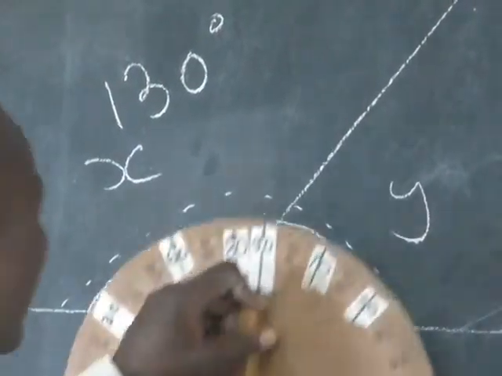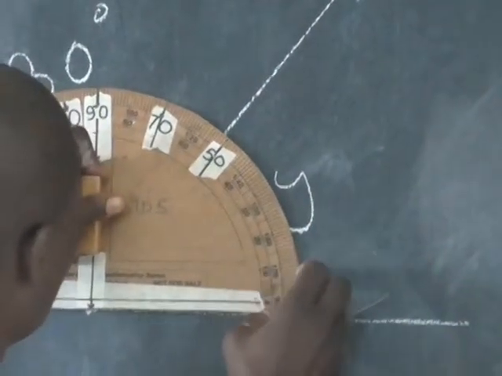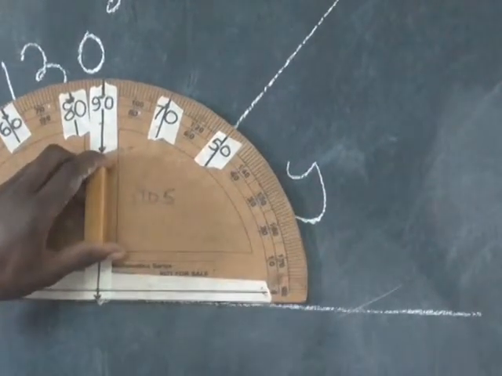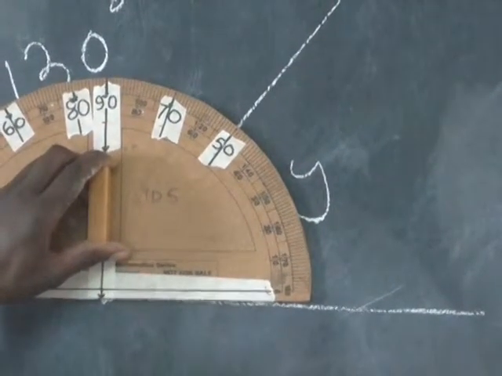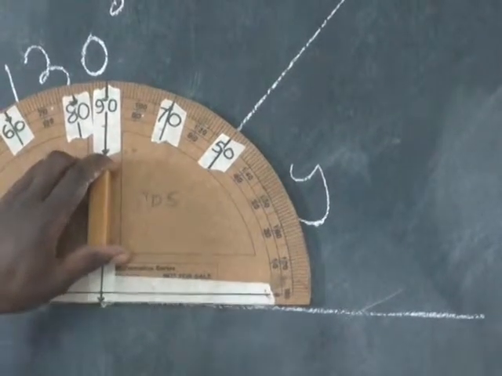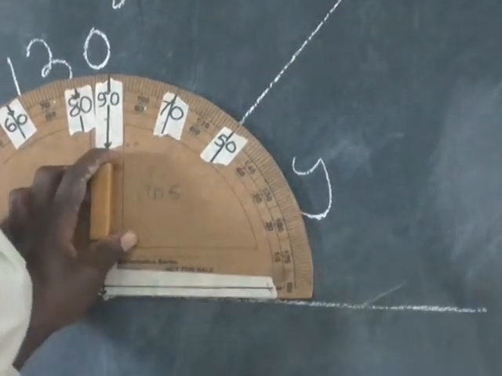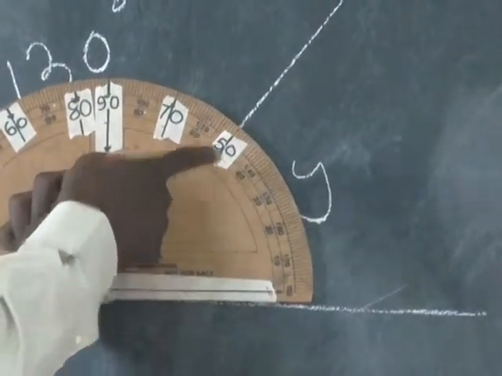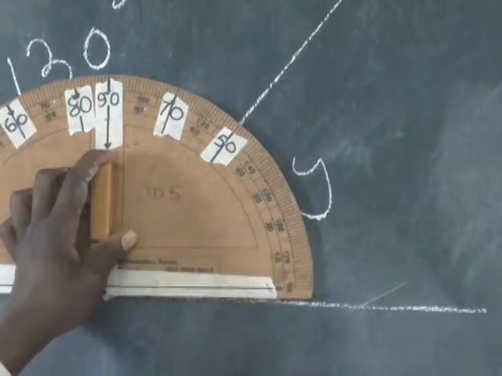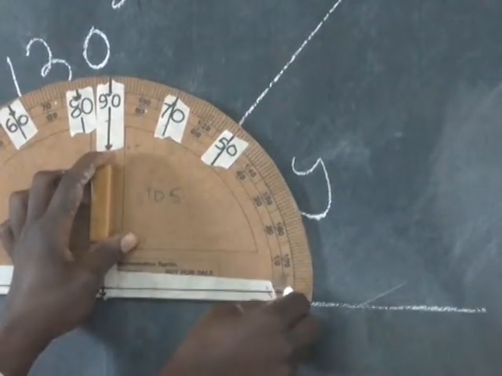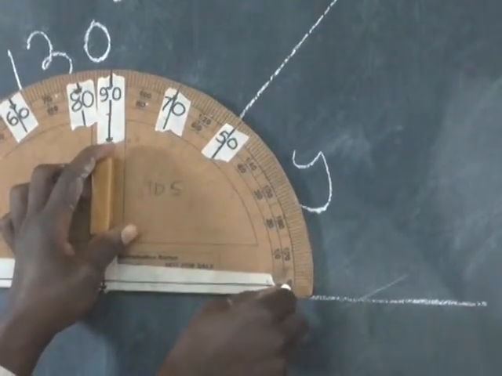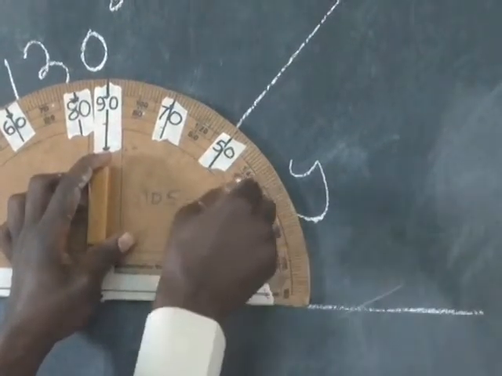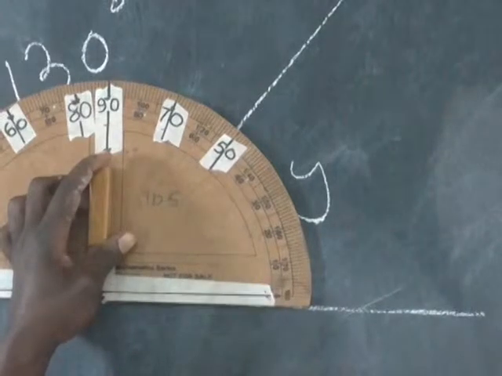Let us measure the other angle Y. And remember, if you use the wrong scale, you'll get something different. If you use this scale, you'll get 130 degrees, which is not for Y. But if you use the regular scale, you'll realize that you start from 180, 170, 160, 150, 140, which is very long.